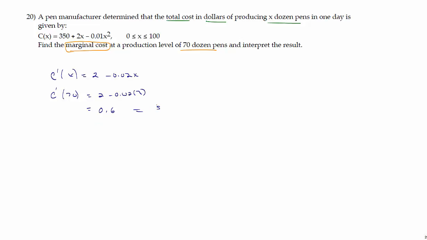So I would just write it as 0.60. You could say 60 cents, but I would write it this way. And it's going to be per dozen pens. All right. So as far as interpreting it goes, I would just say that my marginal cost is 60 cents per dozen.